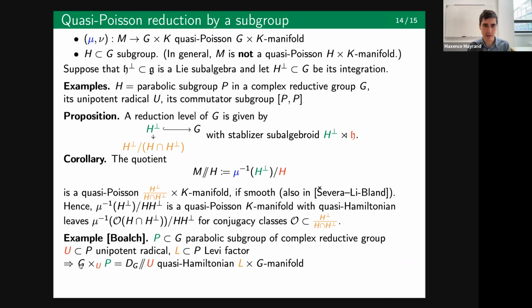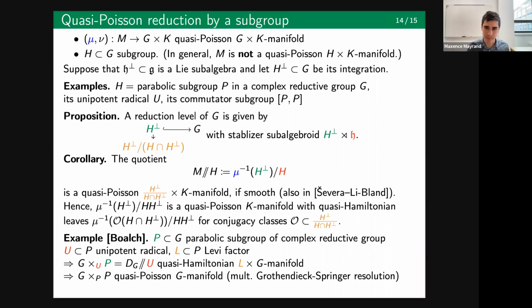This gives us G cross P quotiented by the action of U, where U acts on G by right multiplication and on P by conjugation. This will be a quasi-Hamiltonian L space, and this quotient group turns out to be just L, the Levi factor. If you do the further quotient, you get a quasi-Poisson G manifold structure on this space, which is also known as the multiplicative quotient Springer resolution.